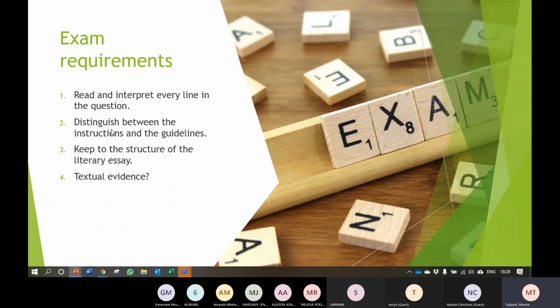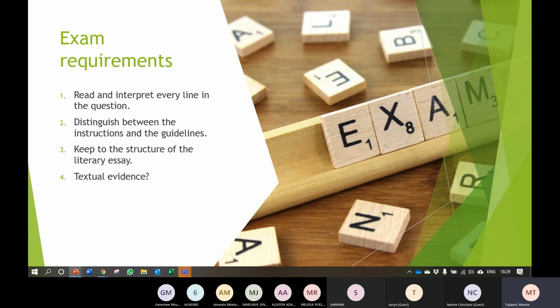Distinguish between the instructions and the guidelines. And the guidelines, remember, are also the guidelines for the people marking your paper. So if you go off on a tangent, it might be a valid tangent, but you might not be marked for it because it's not within the limits of the paper.